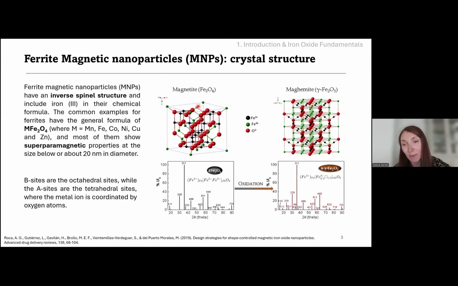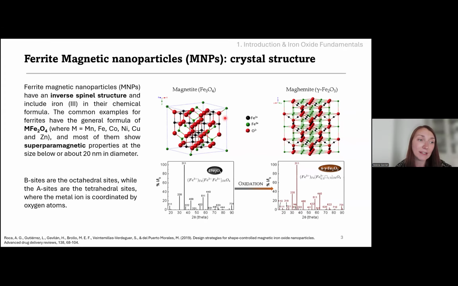Here you can see the most commonly applied compositions in nanomedicine, which are the magnetite and maghemite phases. Here you can see in particular the crystal structure of magnetite. You can see that there is a distribution of iron 2 and iron 3 ions.